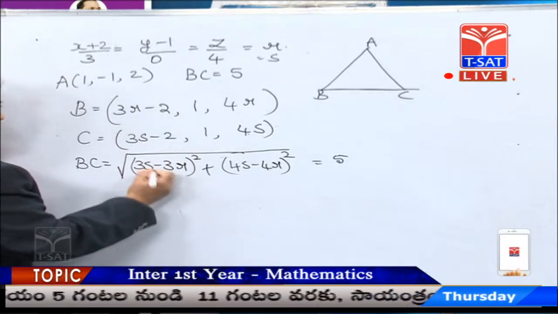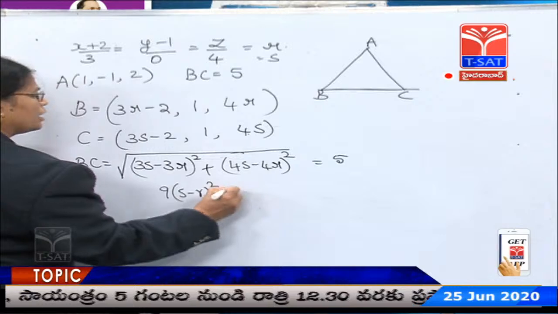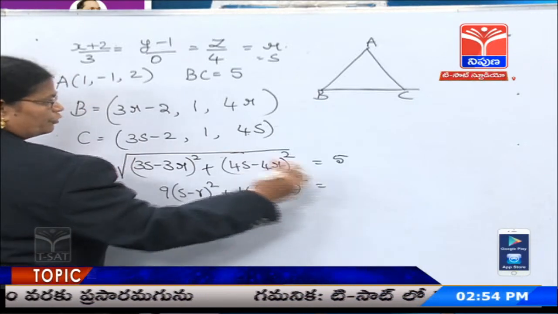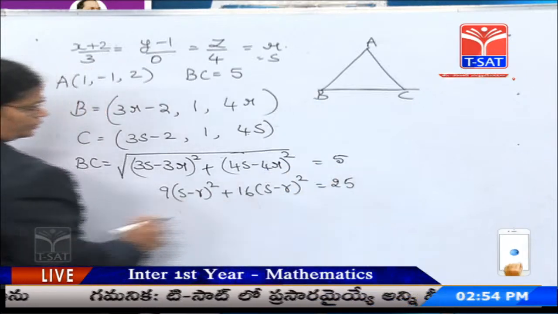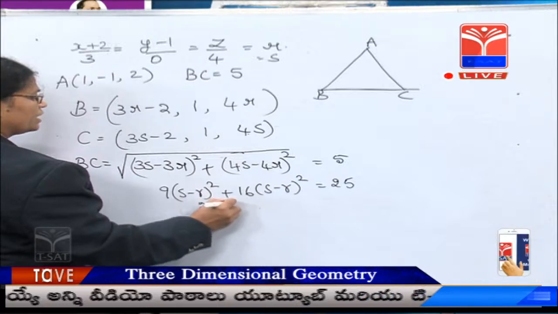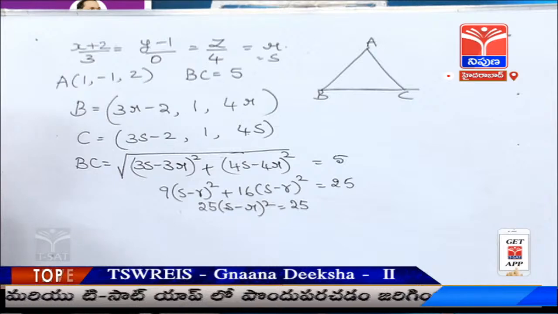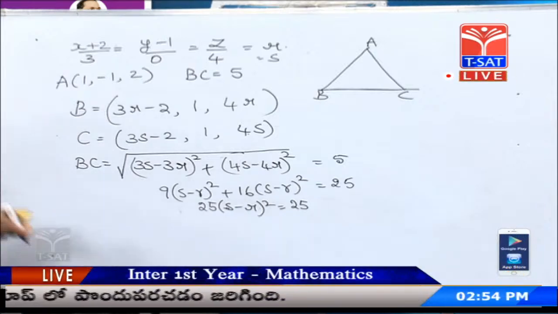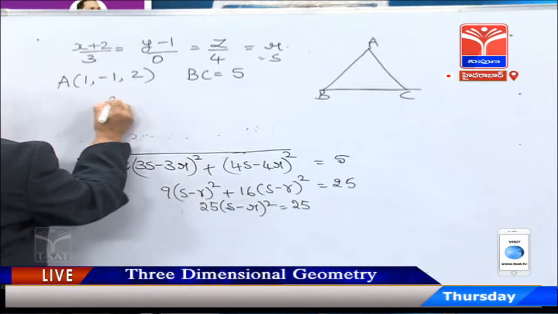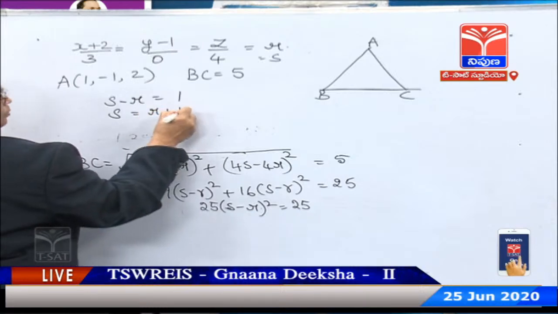So, taking 3 outside, it is 9 (s minus r) whole square plus 16 (s minus r) whole square equal to, removing the square root, 25. 16 plus 9 is 25, so (s minus r) whole square equal to 25. So from this we get (s minus r) whole square equal to 1, or I can write s equal to r plus 1.